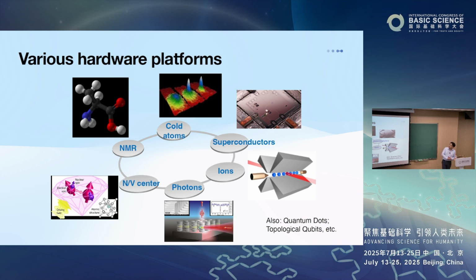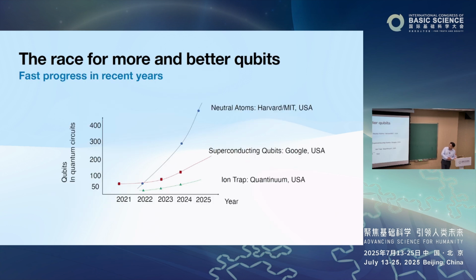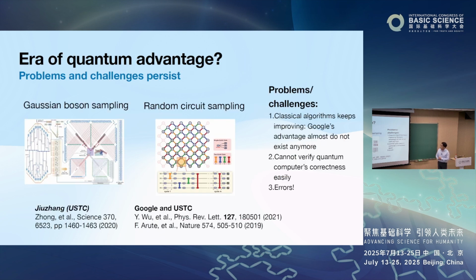Some are good for both. We've seen very rapid progress in recent years. This is a graph showing a few leading groups in the US on neutral atoms, superconducting qubits, and ion trap qubits.